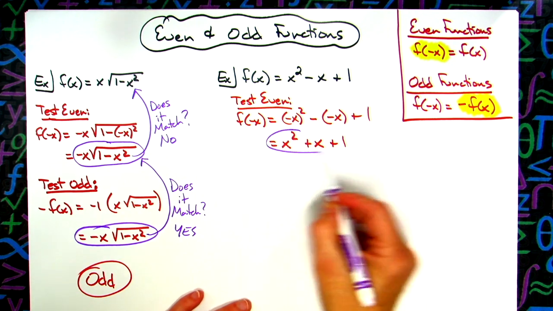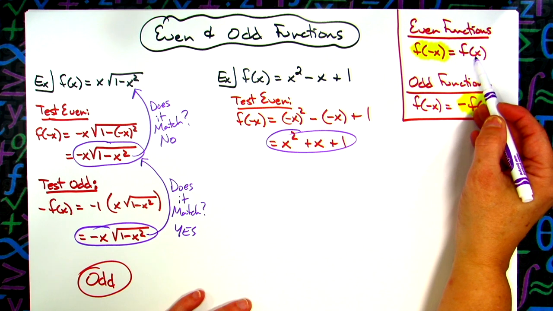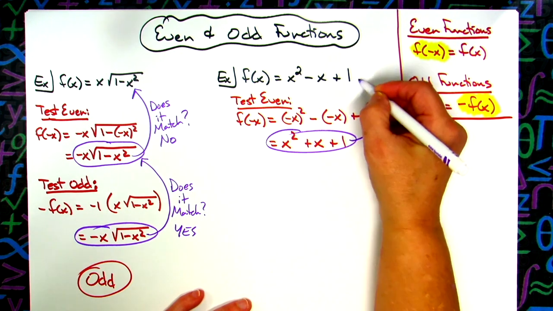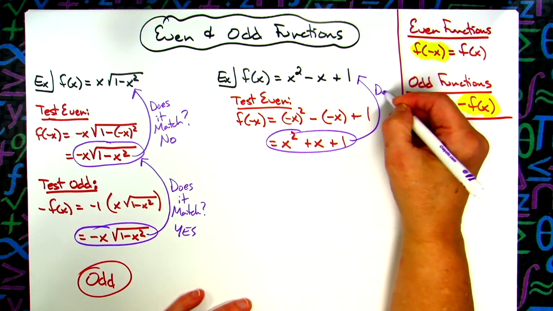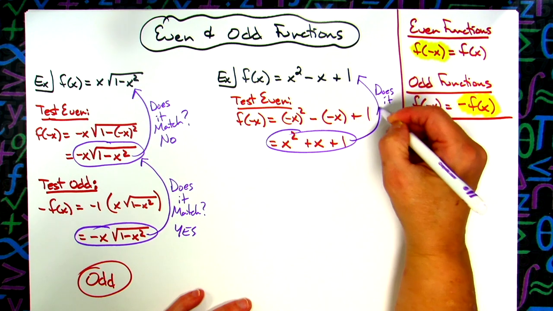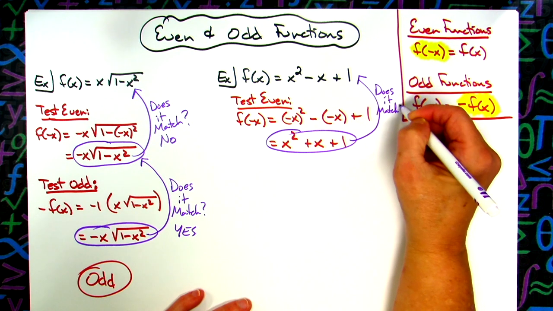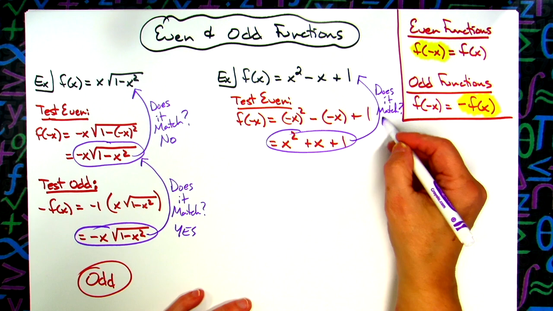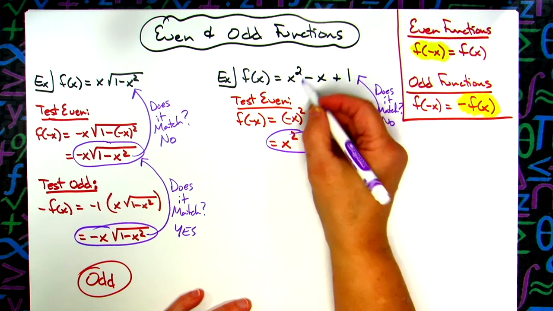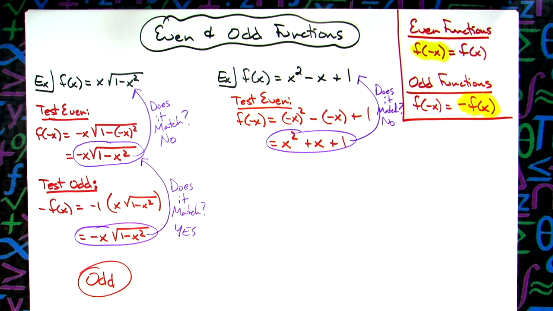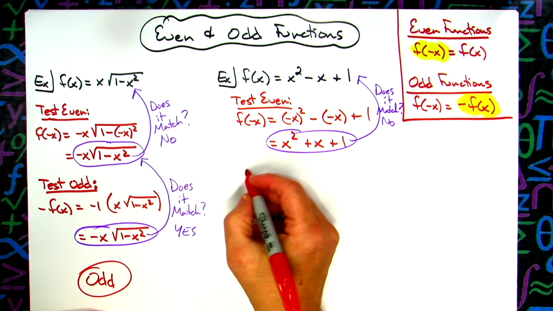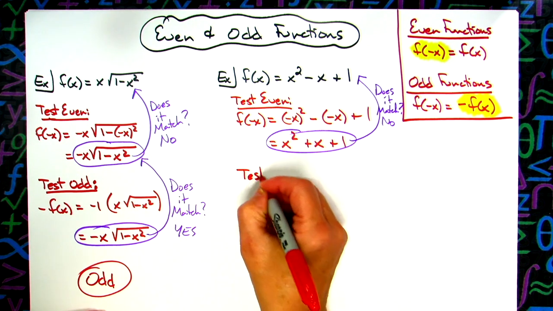So then we take this, according to our formula, compare it to our original function, and ask ourselves, does it match? On this one, the answer is no, because right there, the signs don't match. So that means now I've got to go ahead and test for odd.